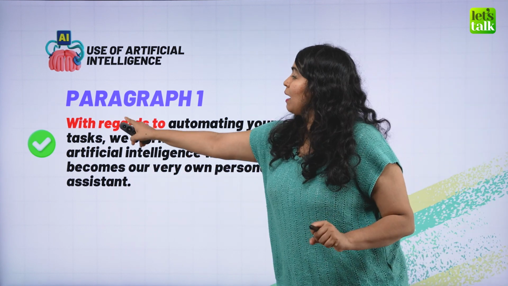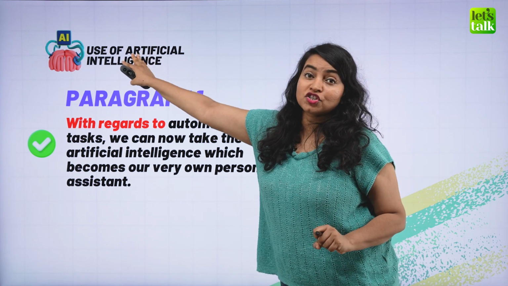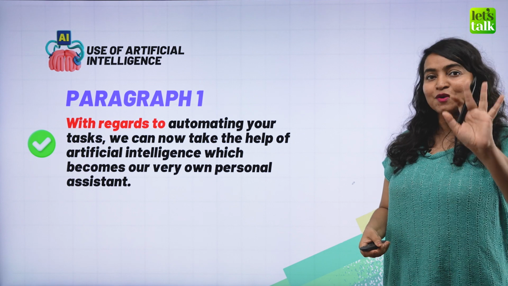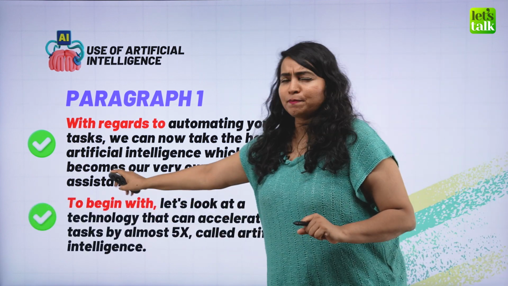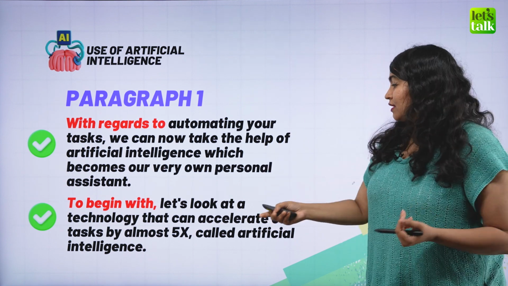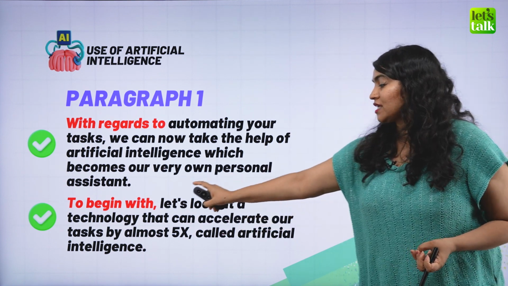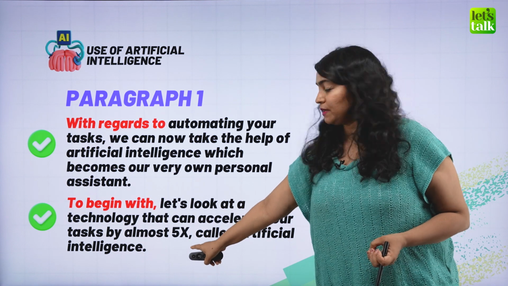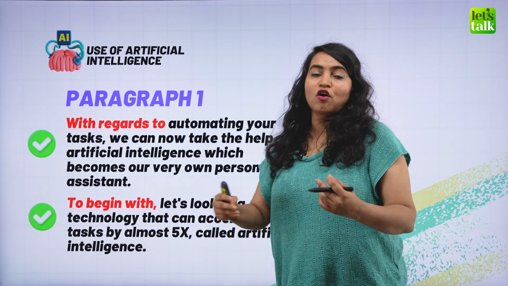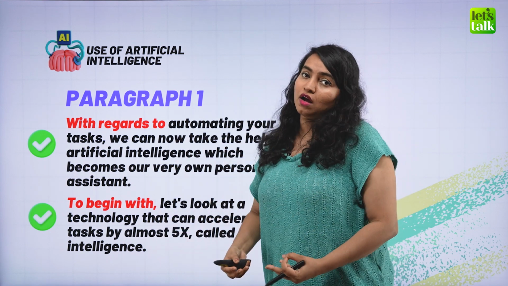As you can see, I'm introducing the concept of artificial intelligence by relating it to how we can automate our tasks. Or you can also say, to begin with, let's look at a technology that can accelerate our tasks by almost 5 times, called artificial intelligence.